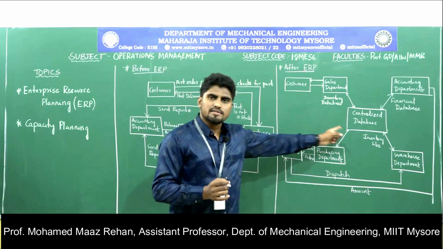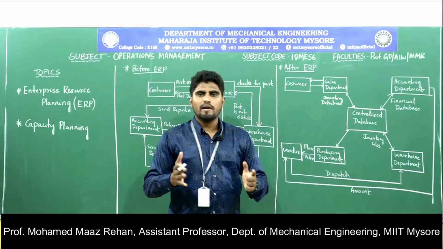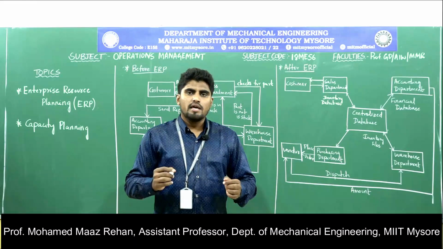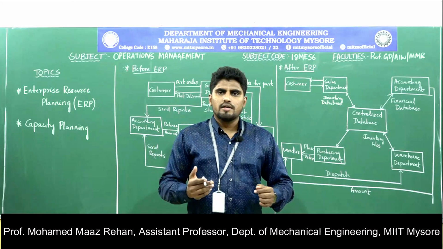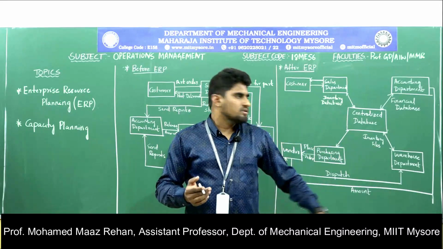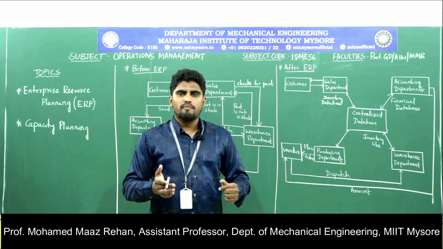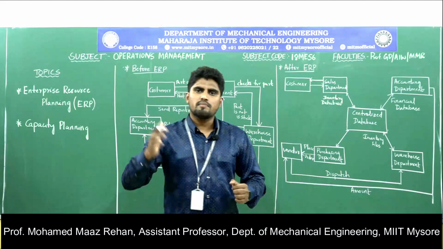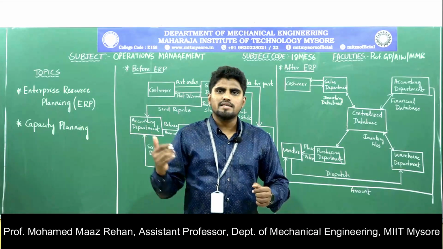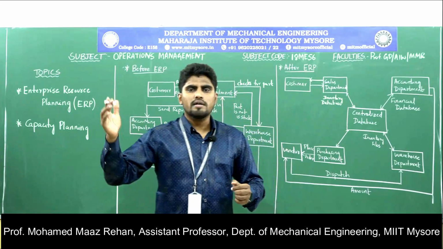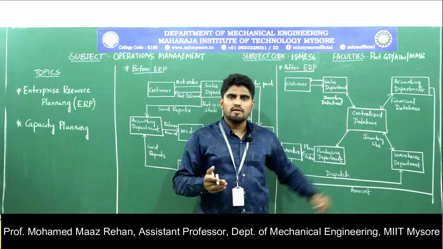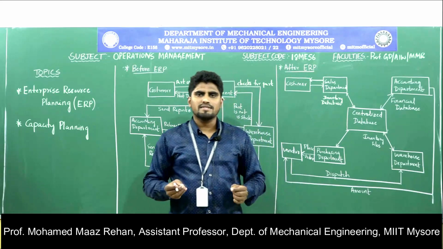If you have a centralized system and your plant is available in multiple locations, you can go to any of the locations and log in through this system. For example, if one plant is in Mysore and the other plant is in Bangalore, and you are in Bangalore, you can easily log in to that premises, correct? Why? Because that gets updated in your database. That is one simple example.